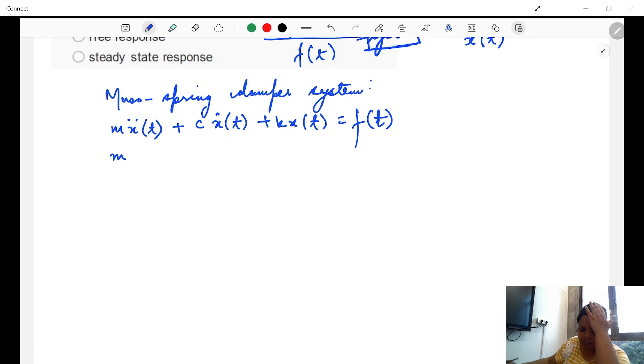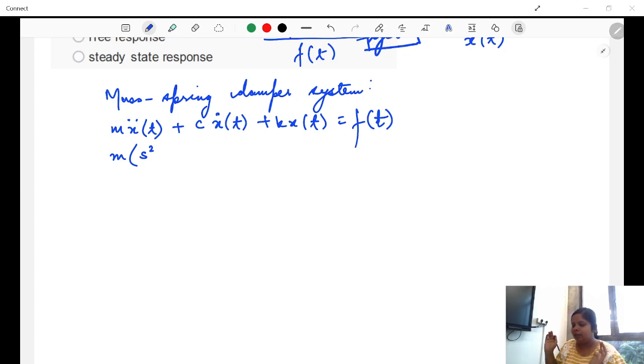So what will you do here? What is the Laplace transform of x double dot t? Can someone tell me if you refer to the table that I showed? s squared into X(s), madam, when initial condition is 0. Yeah, we will start with the initial conditions and we will arrive at something.